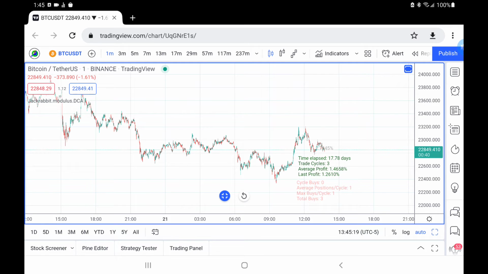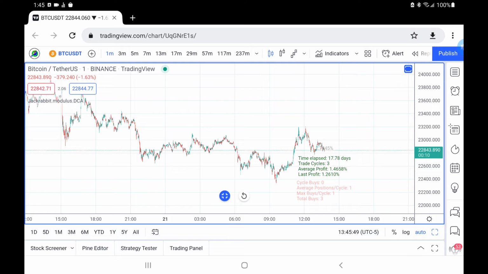Now for this coin, this became a one-hit wonder. 1 position per cycle, maximum 1 position per cycle. So over the last 4 days, it's made roughly 3% profit. And it's only done so 1 position at a time. That's excellent in terms of risk management, risk mitigation.